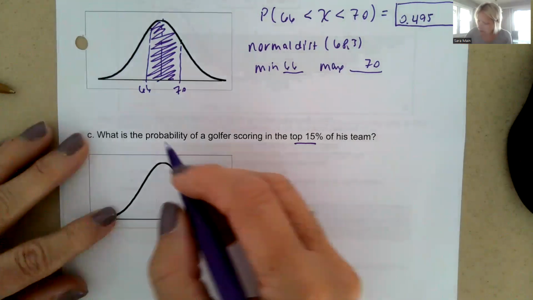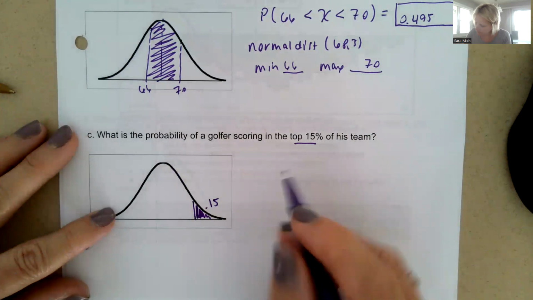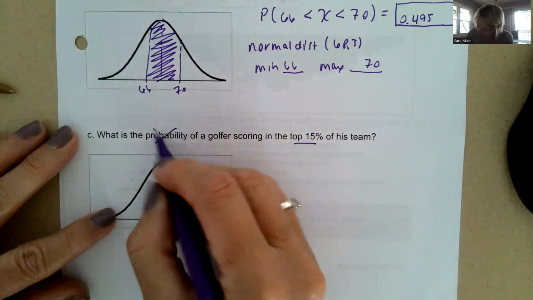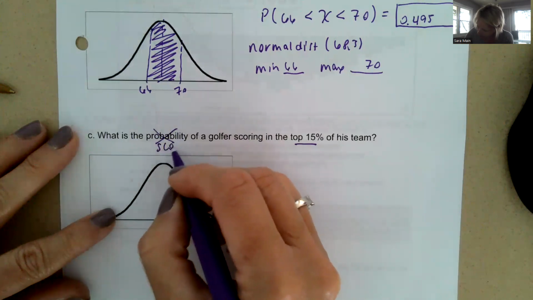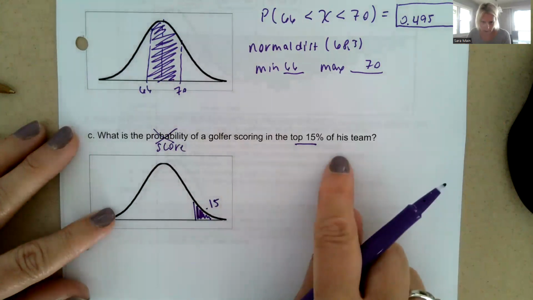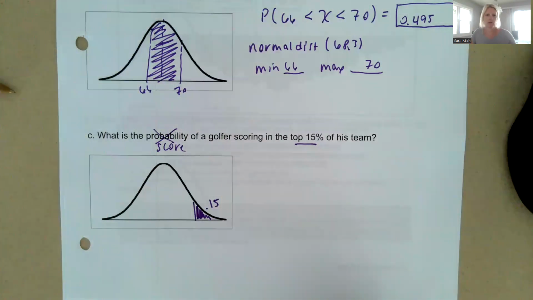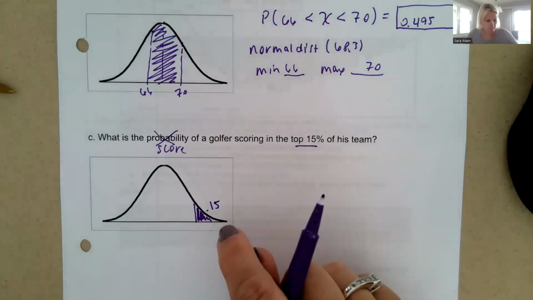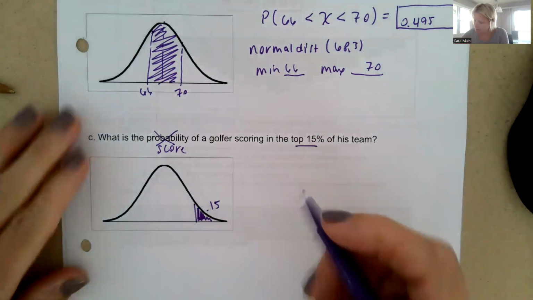And it's not what is the probability, what is the score of a golfer's score in the top 15%. That's what your paper should say.